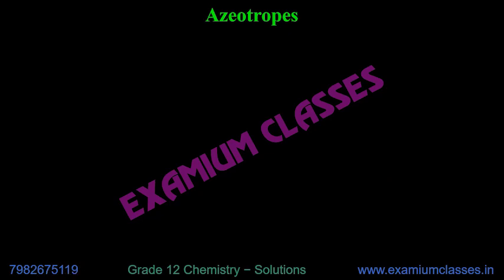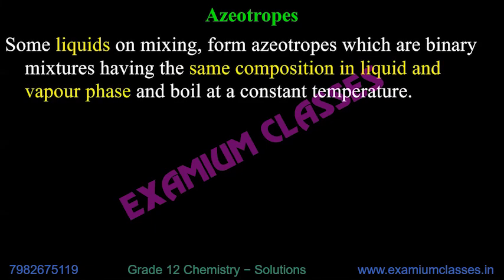Next, azeotropes. This concept is again frequently asked in examinations and also important from a competitive examination perspective. First, the definition. Some liquids on mixing form azeotropes, which are binary mixtures, means we are talking about two liquids only.